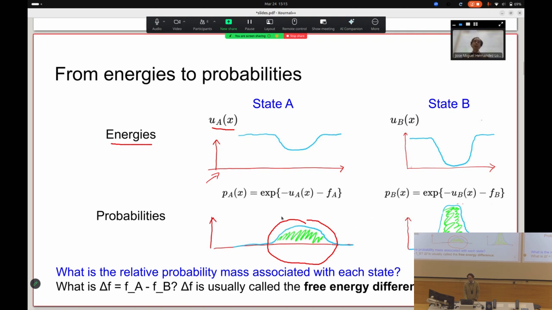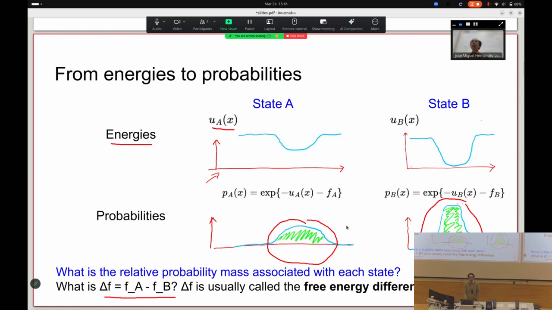These are unnormalized densities. What is the area of these densities? The bigger the area, the more likely that thing is going to happen in the real world. And we are going to call the free energy difference the difference between the areas, the difference between the normalization constants of these densities.